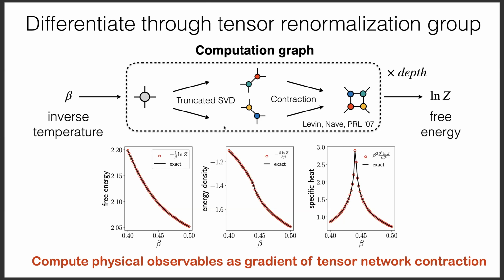So you get the first order gradient, second order gradient. That's going to be nothing but energy and specific heat. So basically, computing the gradient gives you a way to get physical observables. Before this, usually people just do numerical finite difference to get specific heat, because many of those non-trivial steps people did not know how to differentiate through.